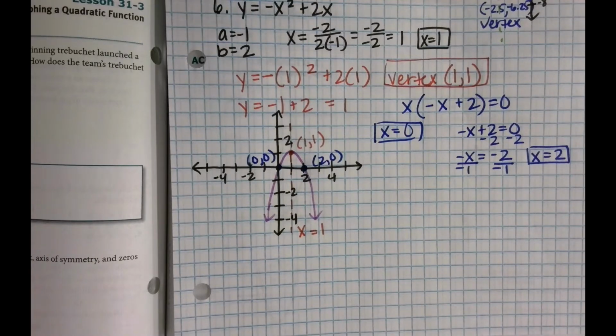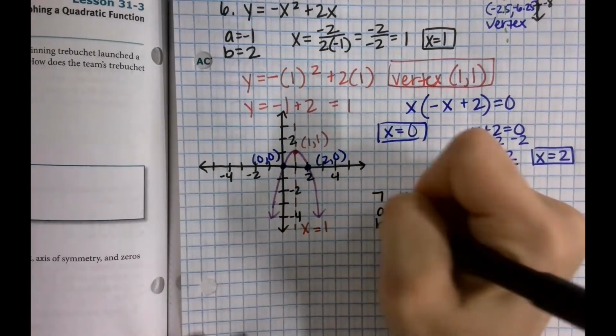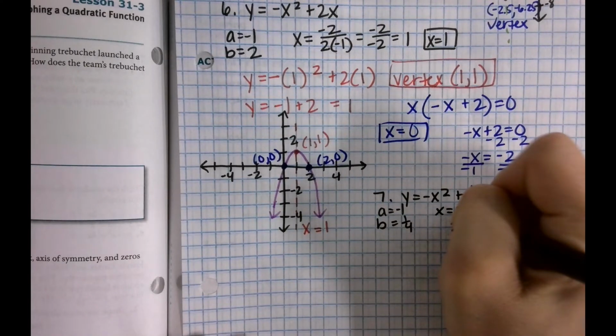And then come back over here. All right, so for number 7, negative x squared plus 1/4 x, a equals -1, b equals 1/4, so x equals -b over 2a, which is 1/4 divided by -1.